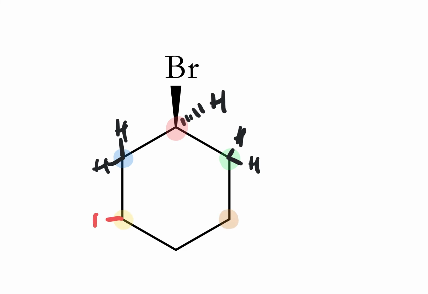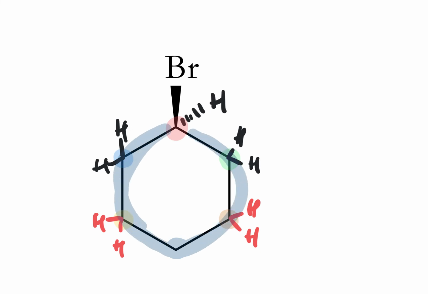And again, they're both the same. They are CH2s. And then they meet in the middle. And so therefore, the left side of that red carbon and the right side are the same. And so this molecule is achiral.